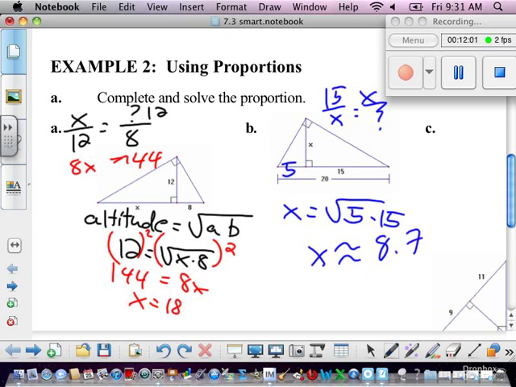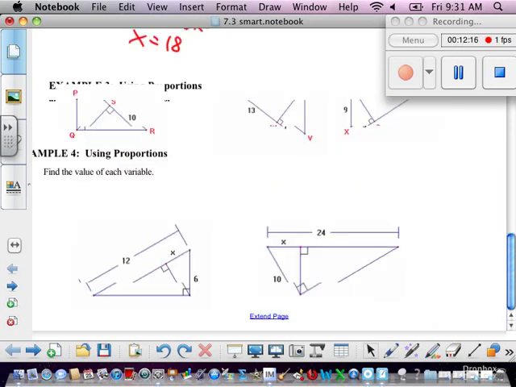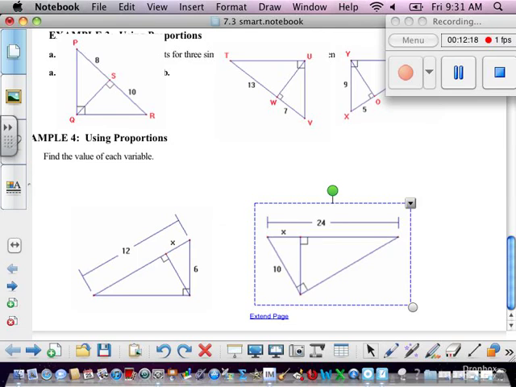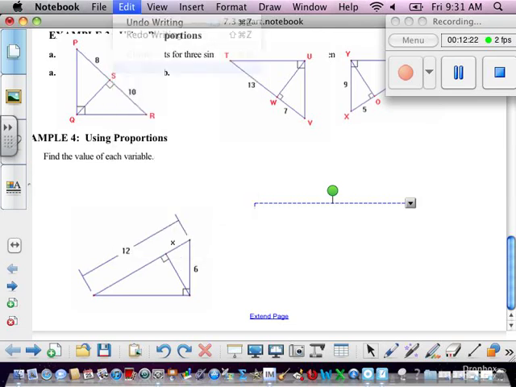How are you feeling about this, guys? So-so? Do we want to try C, or do we want to move on to a different one? Try C. Okay. Give me 1 second.